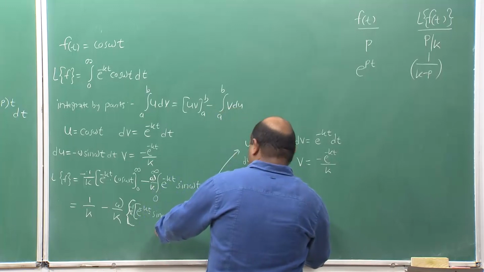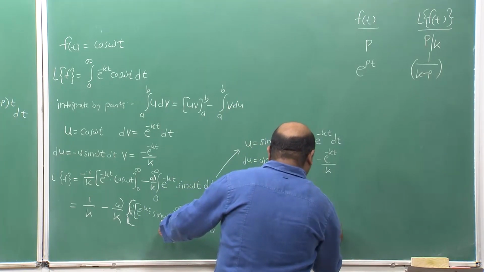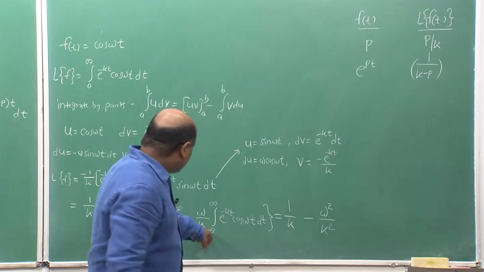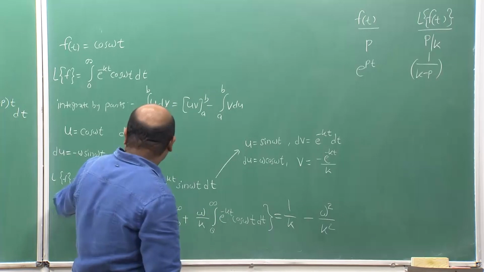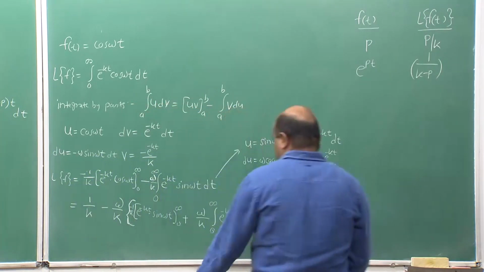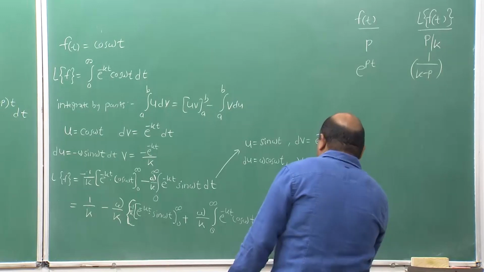So, this should be equal to minus omega square by k square, and this is again nothing but the Laplace transform of function f, which is L of f.